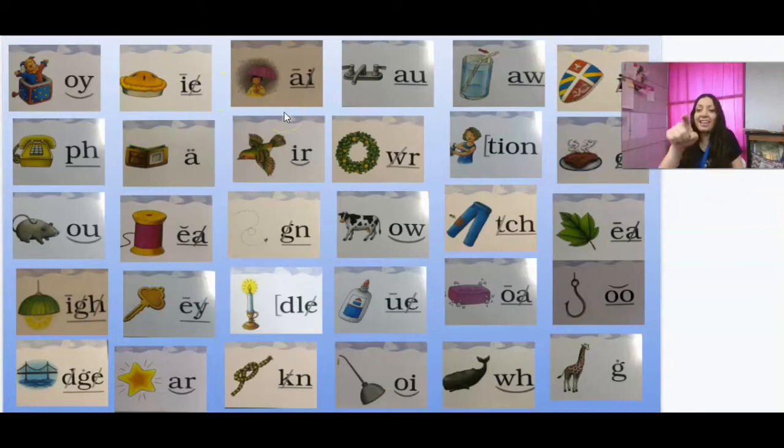Rain, A, digraph AI, faucet, ah, digraph AU, straw, ah, digraph AW, shield, E, digraph IE, phone, F, digraph PH, wallet, ah. Then we have that A, we're going to say A with our two dots, ready? Bird, combination IR.